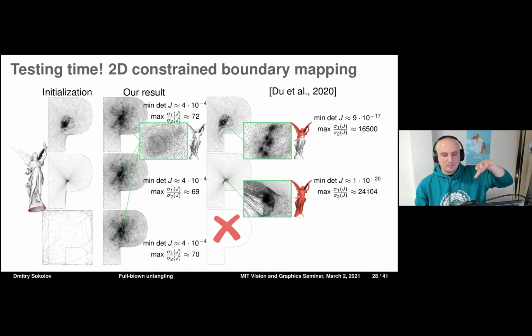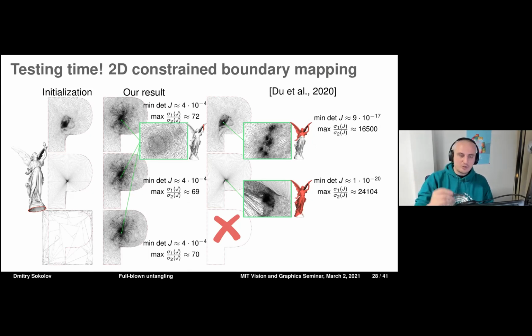Back to the constrained boundary mapping. In last SIGGRAPH, there was a very recent paper by Du et al. There is a benchmark that was published that contains several thousands of challenges, and this is one of the challenges.